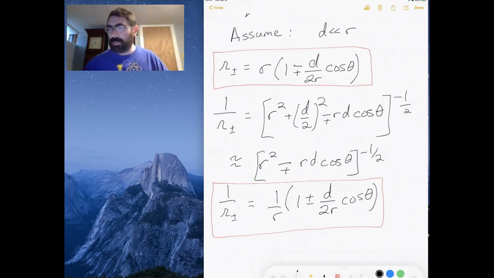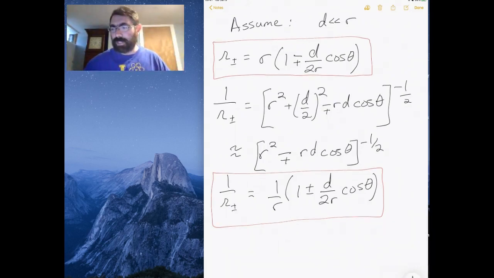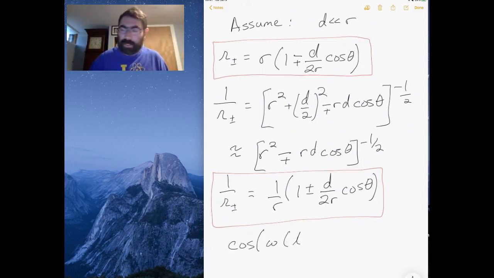Okay, so now what we can do is take a look at the cosine, because what we have is a cosine of omega times (t minus r plus or minus over c). Okay, so now we also have to deal with that cosine.